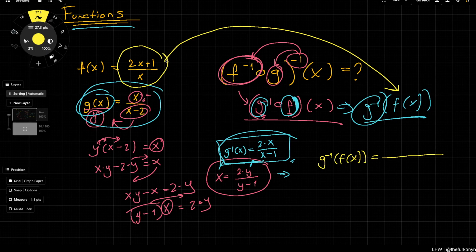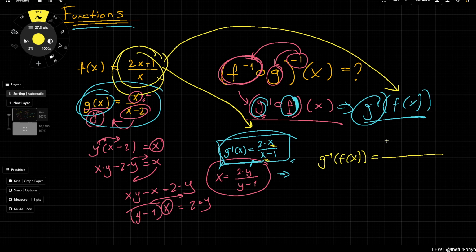This is actually more important than everything I have told you so far. It is the most important thing. You write this thing to every x over here.